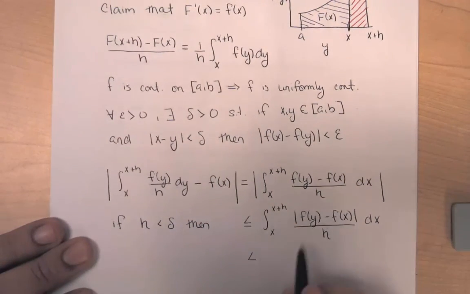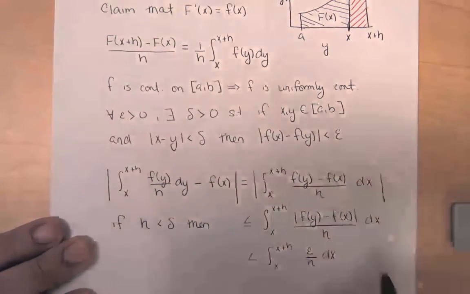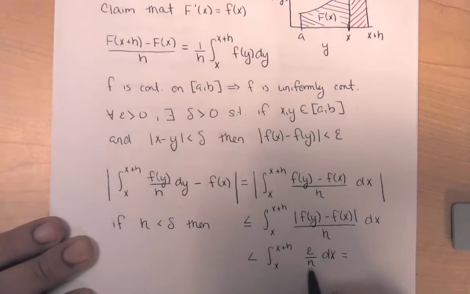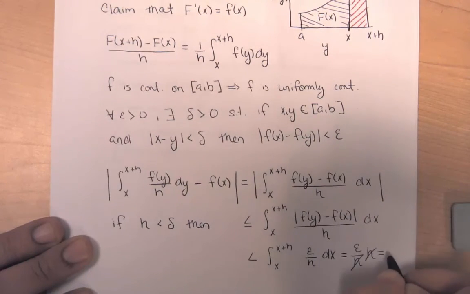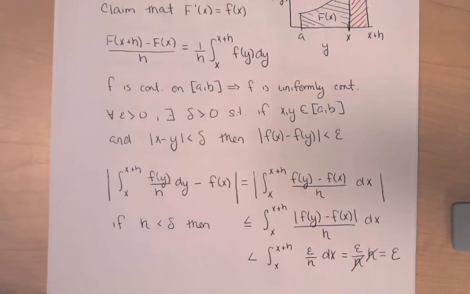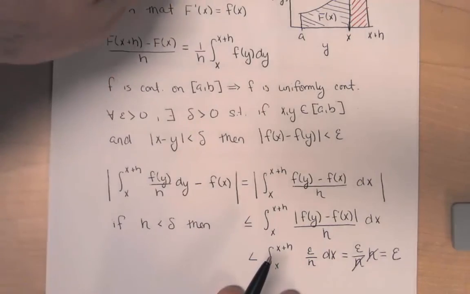Right, so this numerator is strictly less than epsilon. And this equals, now here, my integrand is constant. So I just get x plus h minus x, which is h. So I get epsilon over h times h, which equals epsilon. Therefore, I show that if h is small enough, this difference is less than epsilon.